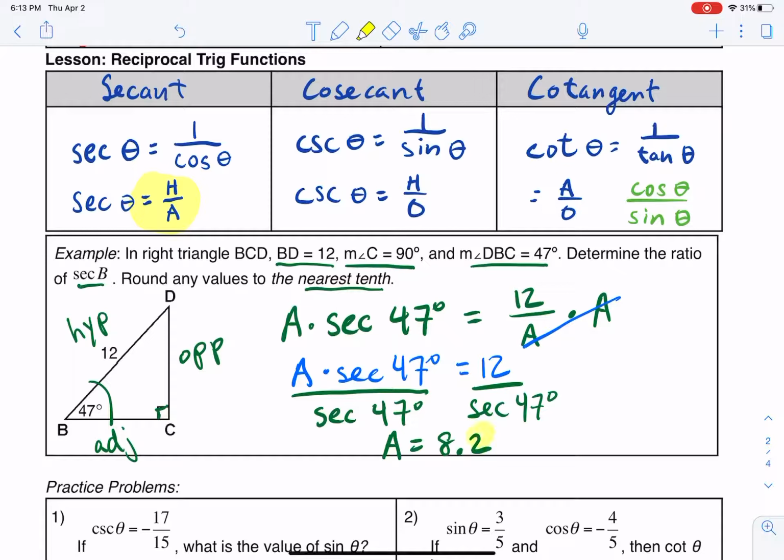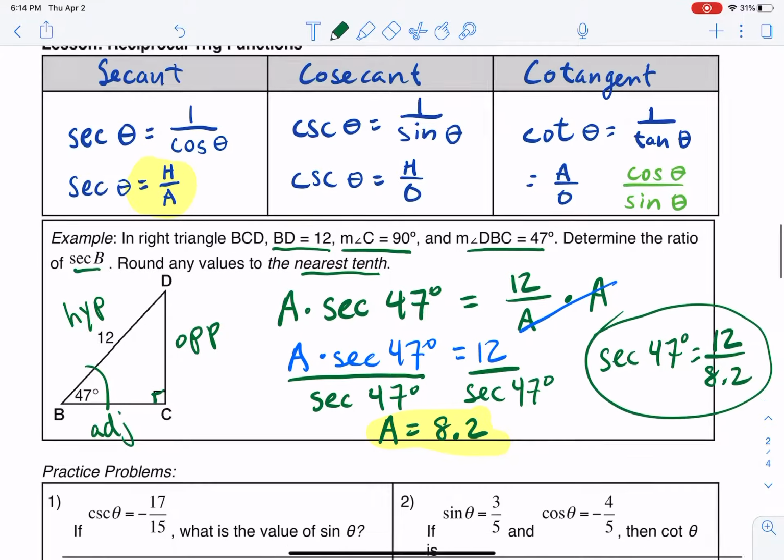All right, so A equals 8.2. So to write our ratio there, secant of 47 is equal to 12 over 8.2. And that's kind of our final answer.